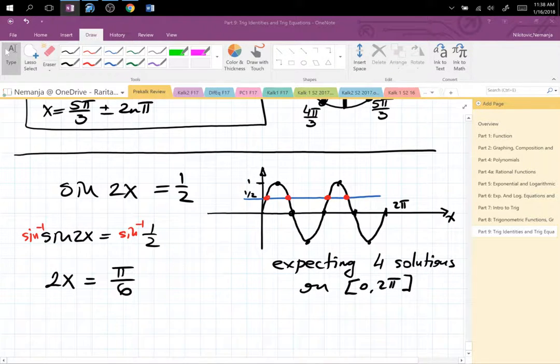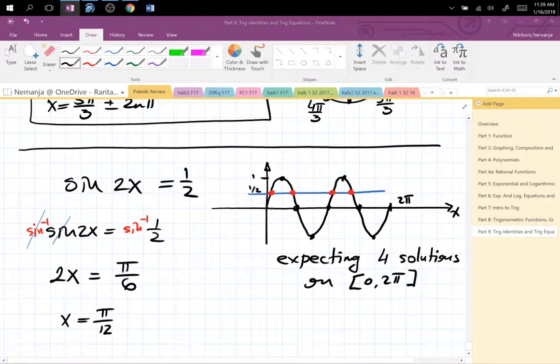Because inverse sine kills off the sine, but what's left behind is now 2x. And yes, you have to multiply both sides by 1/2 to get x equals pi over 12. Aha! The first solution here is pi over 12.